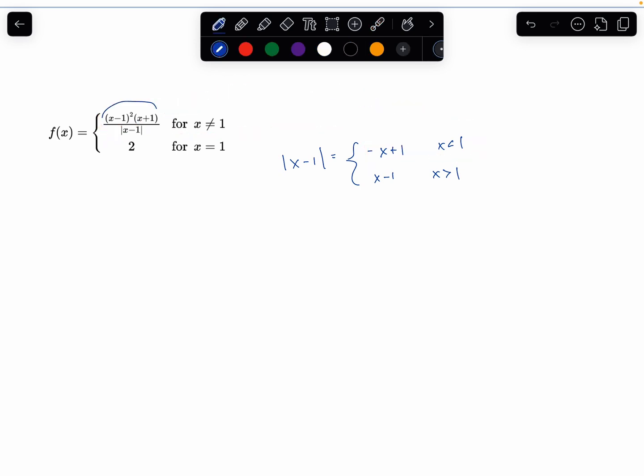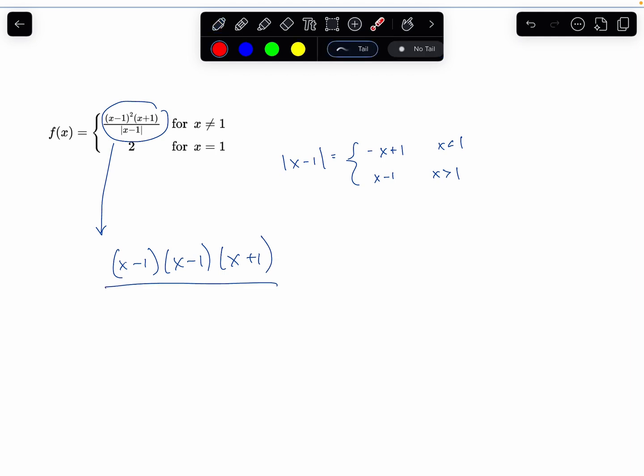So taking this expression right here, I'm going to write it as x minus 1 squared, which is just x minus 1 times x minus 1, and then x plus 1, over, now again, I'm interpreting this by using two different functions.